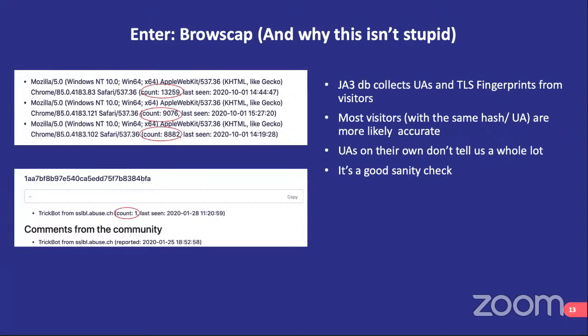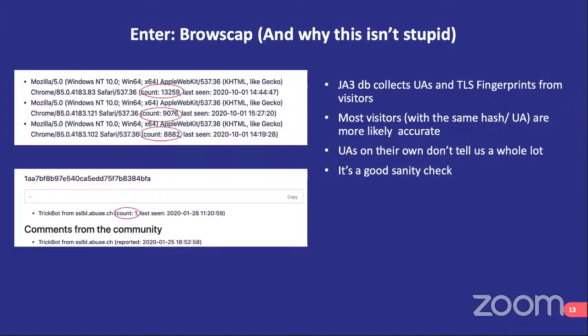So here's where BrowseCap comes in and why I'm not a crazy person for doing this. Again, the JA3 database collects user agents and TLS fingerprints from visitors, presumably to that site as well as others, given the numbers, but I'm not sure. Most visitors with the same hash and UA are more likely accurate.